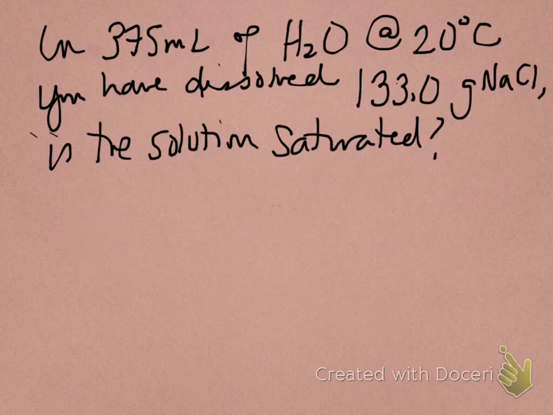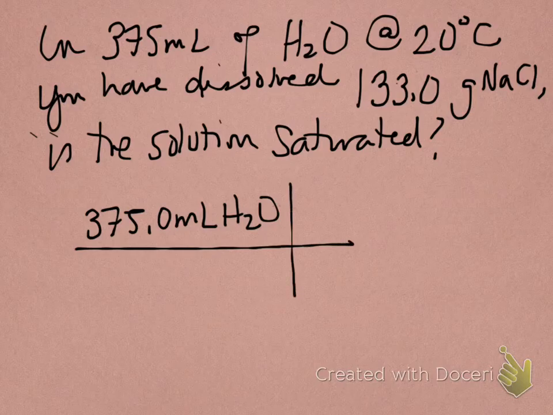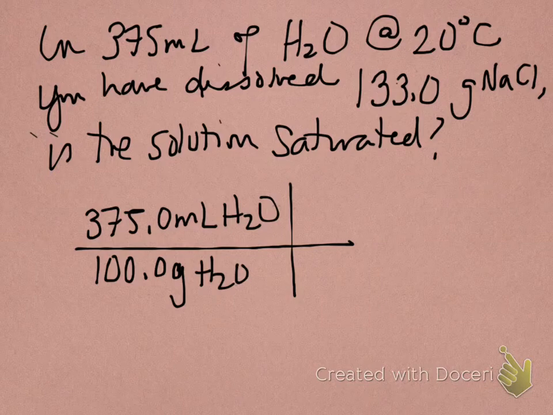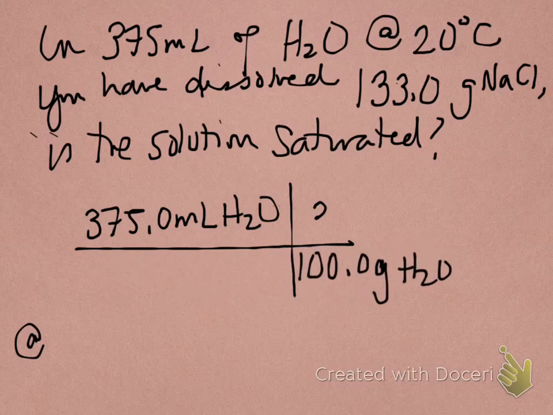We have 375 milliliters of H2O, and we know that for every 100.0 grams of H2O at 20 degrees, we can dissolve 35.89 grams of sodium chloride.